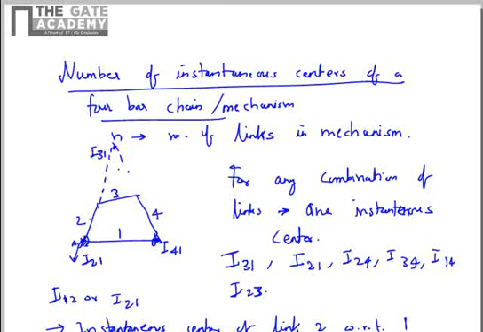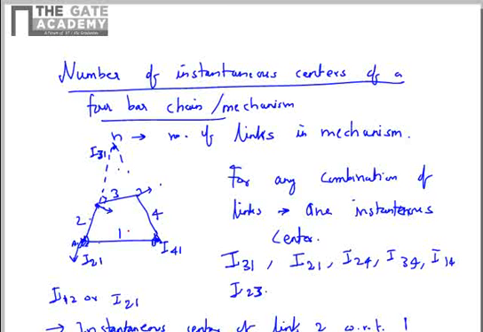That will be I31. If you want to find that, you know the velocity of this point B will be perpendicular to link 2, and this will be perpendicular to link 4. You can draw a line perpendicular to these vectors and you can get the point I31. So this is the instantaneous center of 3 with respect to ground, that is 1.